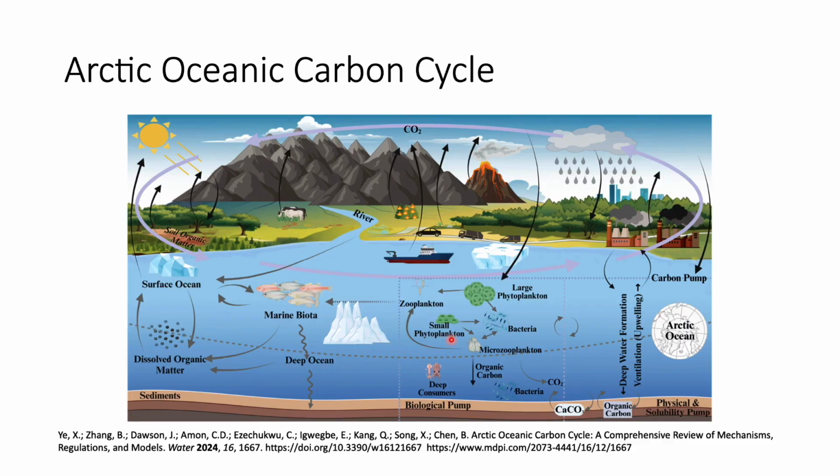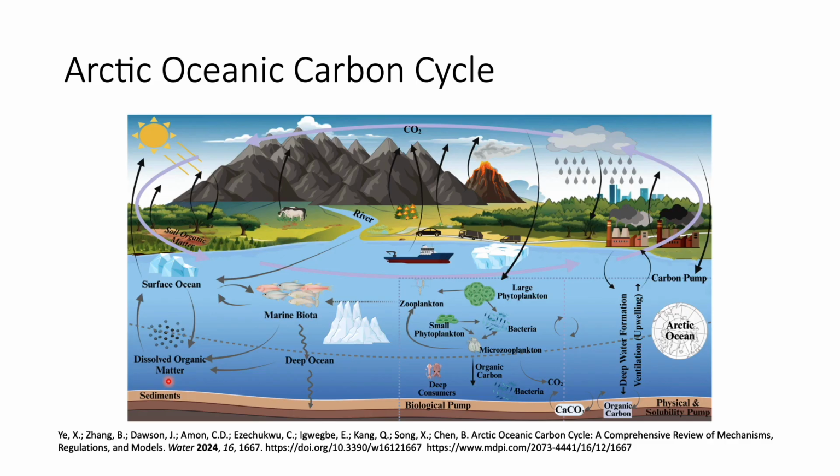And here, the small phytoplankton is consumed by the zooplankton, and the zooplankton is eaten by fish and other things. The bacteria is also present, which also converts some of the carbon that is present in the ocean. And when many of them die, they form sediment. So that is how the entire carbon cycle is involved in the Arctic Ocean.